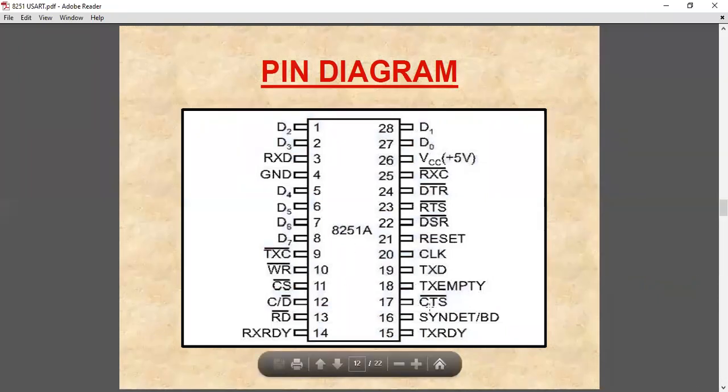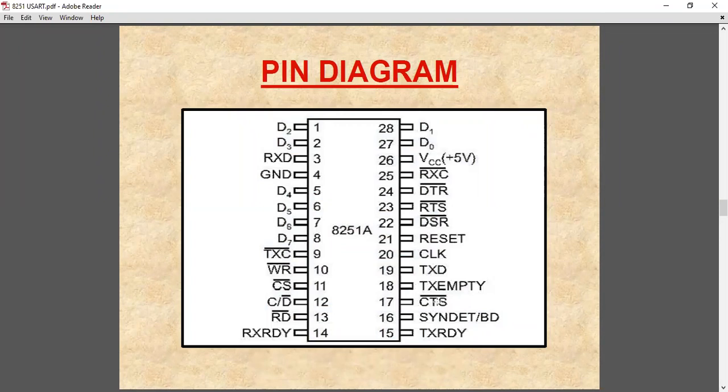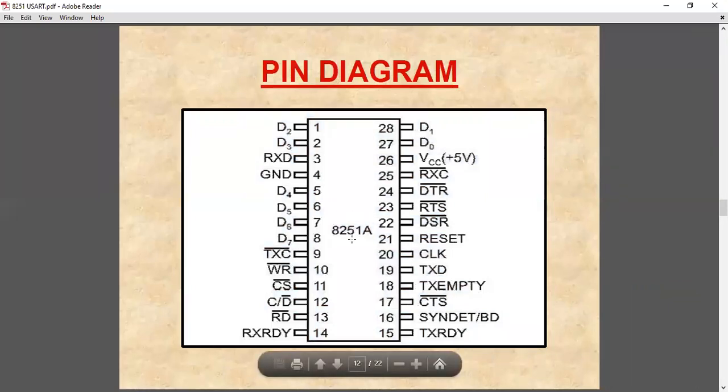Next, clear to send. The modem control unit will generate the clear to send signal to the 8251. This is an input signal to the 8251, right? After getting the clear to send signal, immediately the 8251 will send data with the help of TXD, or the 8251 will receive the data with the help of RXD.